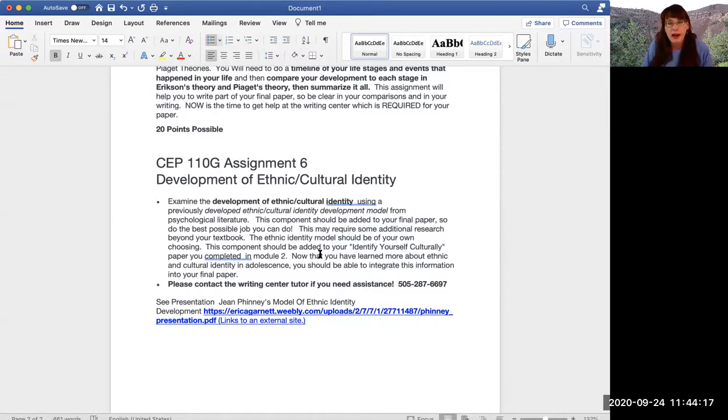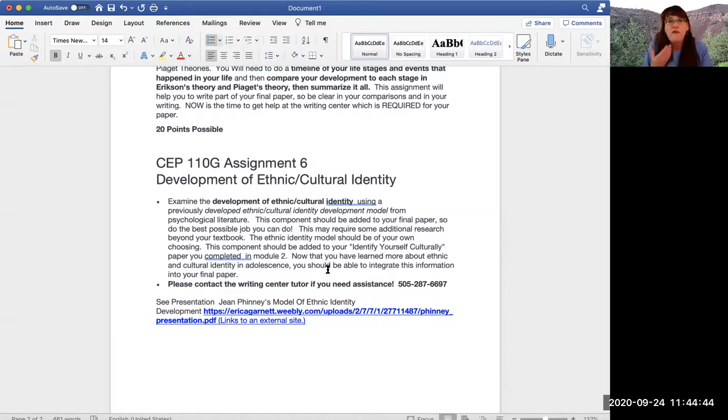We're looking at all of those issues that come along with adolescence. So you need to look at Marcia. You need to look at the stages of adolescence development for Gilligan. And you need to look at Phinney's ethnic model. So you've already seen Phinney's ethnic model in assignment 2. So you are going to further expand that in your assignment 6.